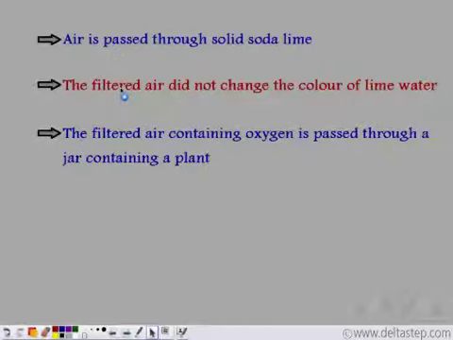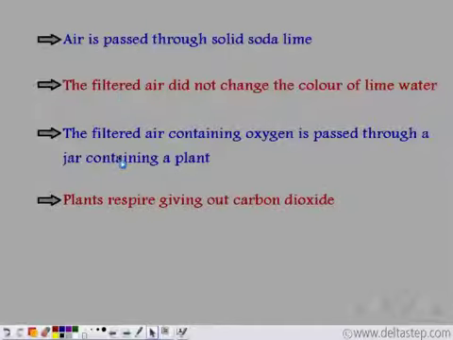Next, the filtered air that did not have carbon dioxide but had oxygen was passed through a bell jar that had a potted plant. Now, with the help of the oxygen in the air, the plant respired, giving out carbon dioxide.